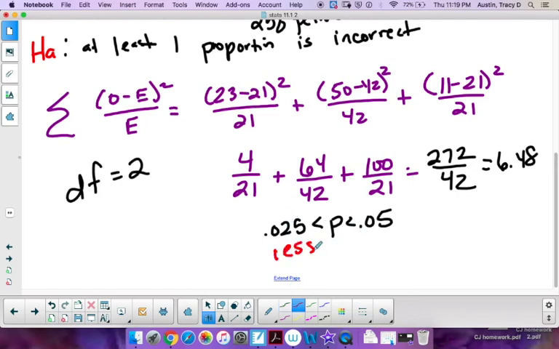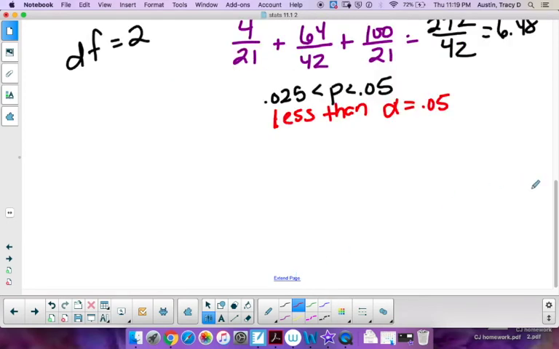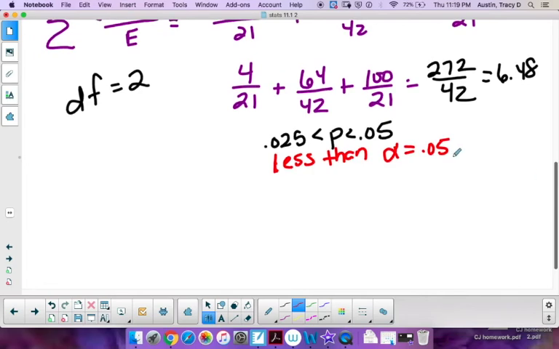That is actually less than our alpha of 0.05. All right, so here's the thing. And by the way, we use 0.05 because when you do this in your calculator, it automatically does it at a 0.05 rate. Okay, and we'll talk about how to put this in the calculator. It's very, very easy. Okay, so that is less than 0.05.